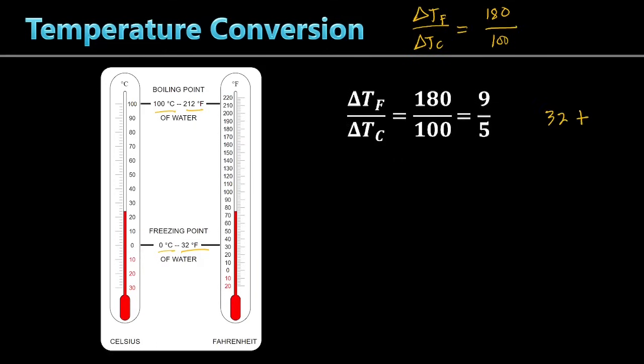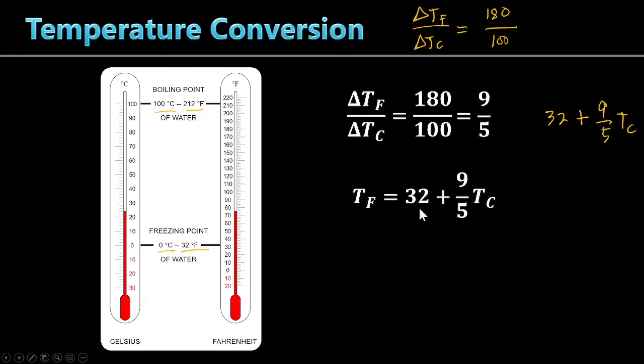32 plus, now, anong relationship ng Fahrenheit at Celsius ngayon? So, gusto nating malaman yung TF. Itong TF. So, that's 9/5 times TC. Okay? That is why, lalagay ko dito yon 32 plus, ano yung relationship nilang dalawa? 9/5 times TC. Okay? So, this is now the formula for finding the temperature in Fahrenheit.